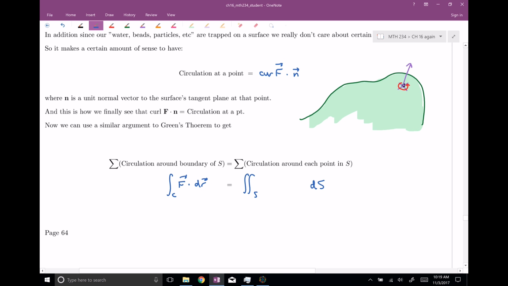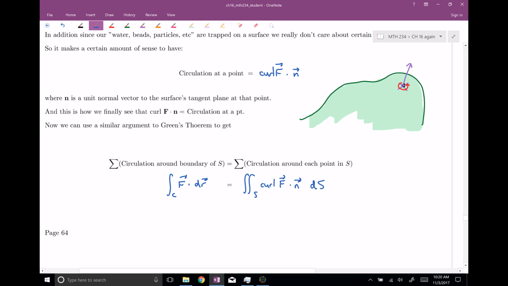And the circulation around each point of the surface, well, that's what we did all this work for. That is curl of F dot N. So that is the circulation at each particular point, and that is why Stokes' theorem is the way it is. When you ask, okay, why is it this way, you really have to think about the proof for these things.